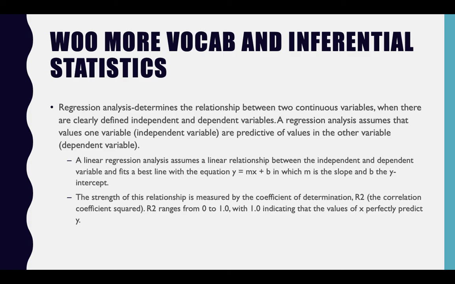M is the slope, b is the y-intercept. It's like you got in 8th grade math or whatever. And the strength of this relationship is measured by the coefficient of determination, R2, the correlation coefficient squared. So R2 ranges from 0 to 1.0, with 1.0 indicating that the values of x perfectly predict y.